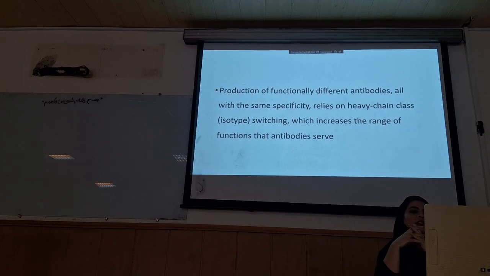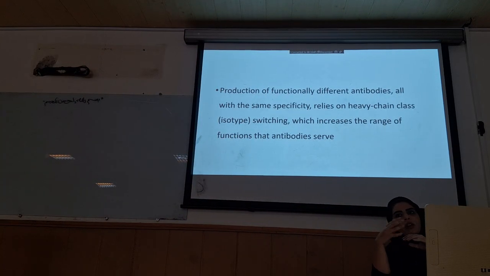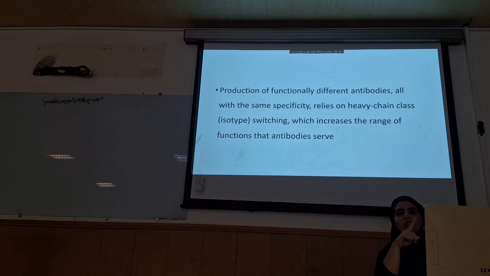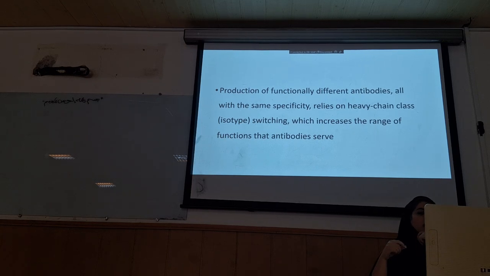Production of functionally different antibodies, all with the same specificity, relies on heavy chain class isotype switching, which increases the range of function that antibodies serve. So in the first step, you only have IgM as B cell receptor or IgD. But in the other step, you have production of IgA, IgE, IgG from IgM. This process is changing heavy chain class, isotype switching.